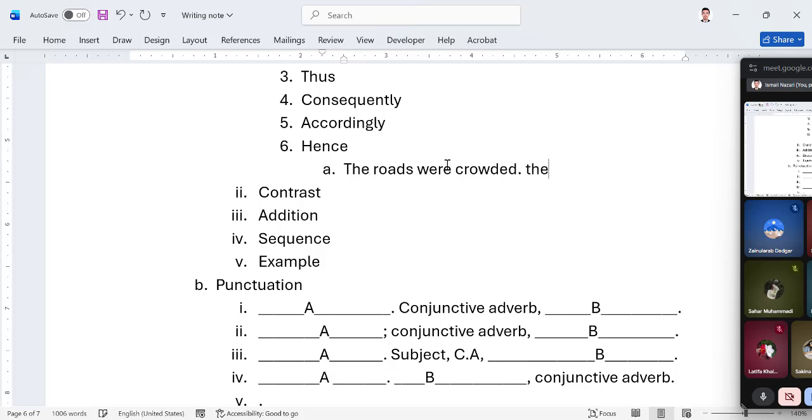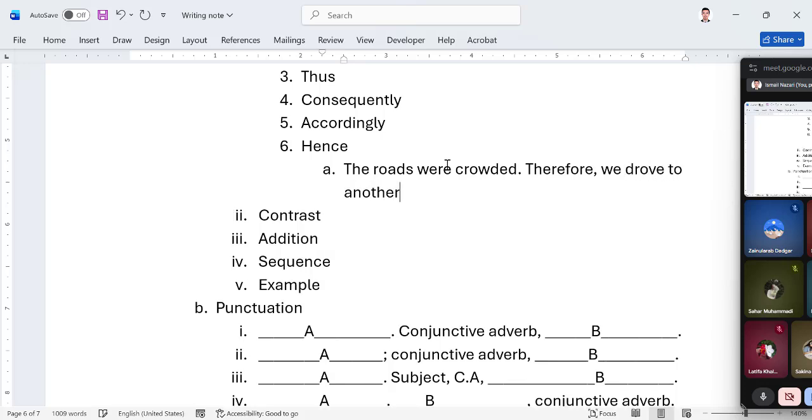So therefore, or consequently, accordingly; hence is very academic. So therefore, somehow we drove to another street.